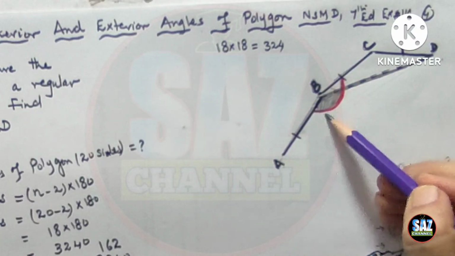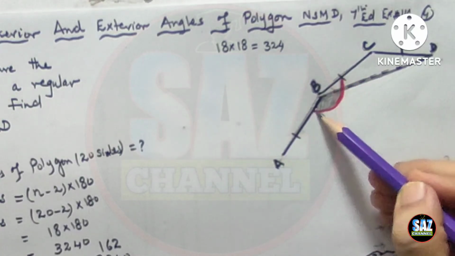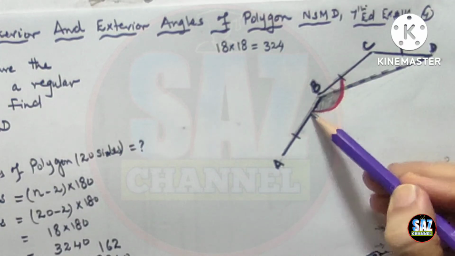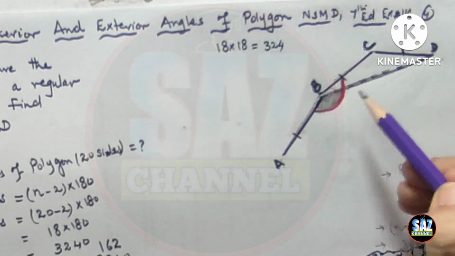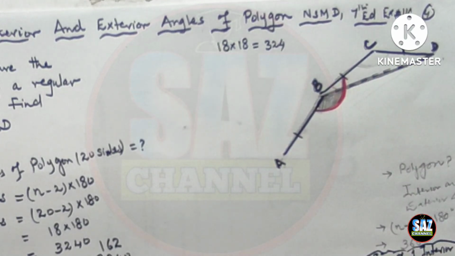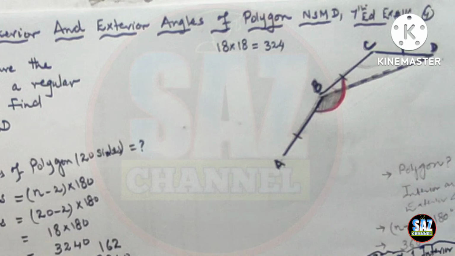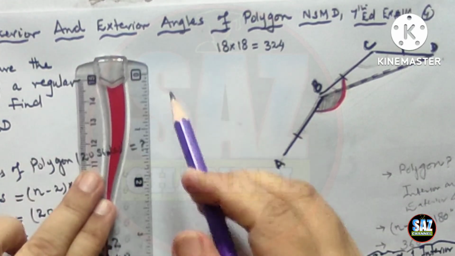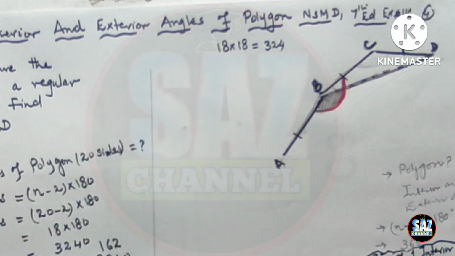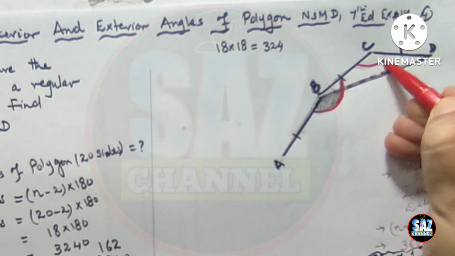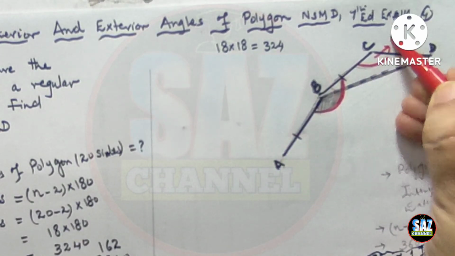We can see that we have this angle B of measure 162 degrees. Angle C is one of the interior angles of that 20-sided polygon, and this is of measure 162 degrees. I hope you are clear that angle C is 162 degrees.